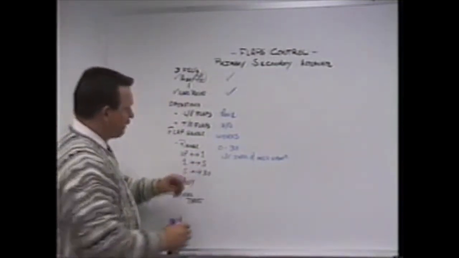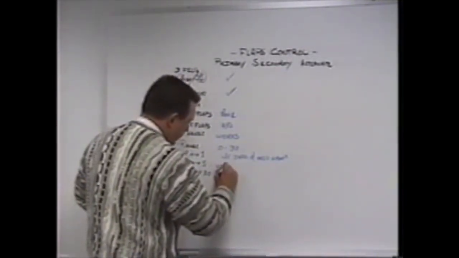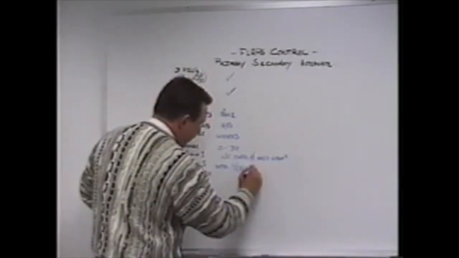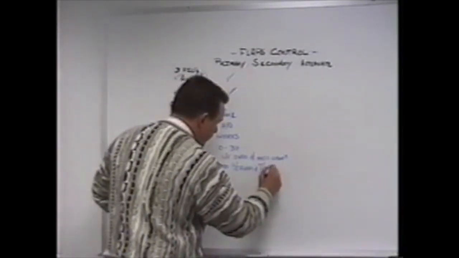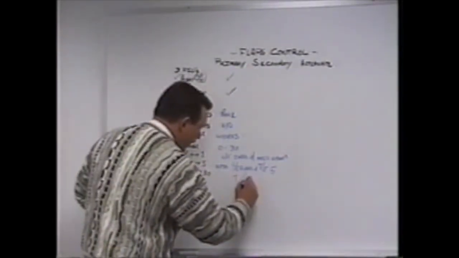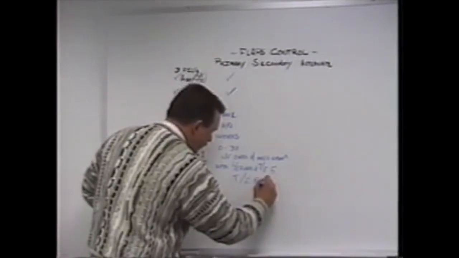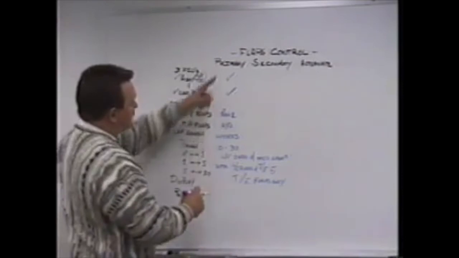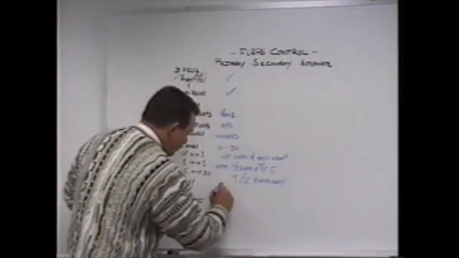When you go from 1 to 5, the outboard leading edge flaps come out and trailers go to 5. Flaps 5 to 30 is trailing edge flaps only. Your display in the primary drive is a single vertical tape.